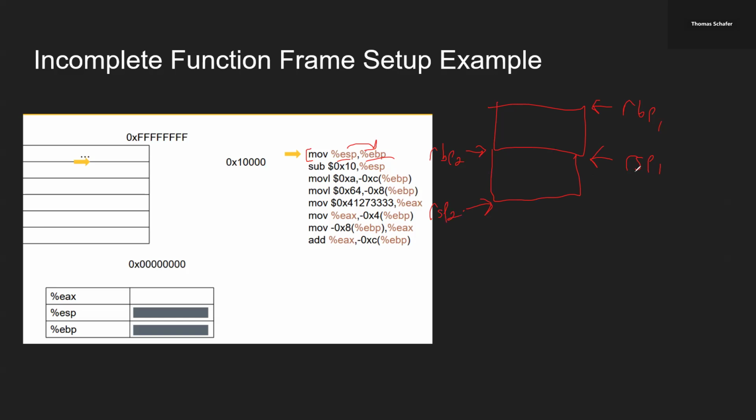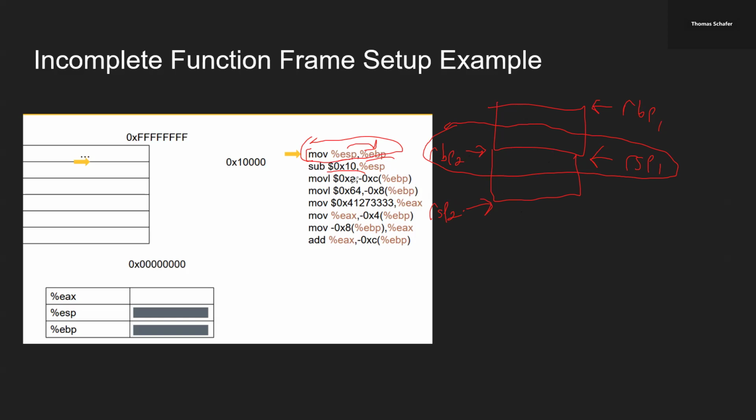And so we can note that the end of the previous frame is the start of the new one. And so that's what we're doing with this step. And this subtraction is allocating space for our variables. It's allocating 16 bytes, I believe.